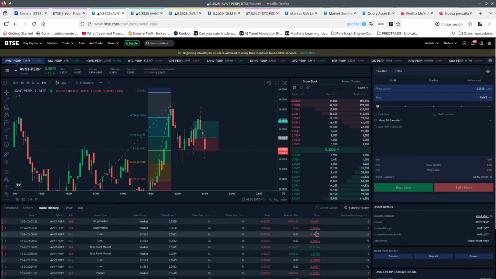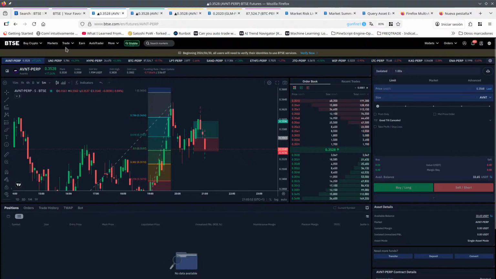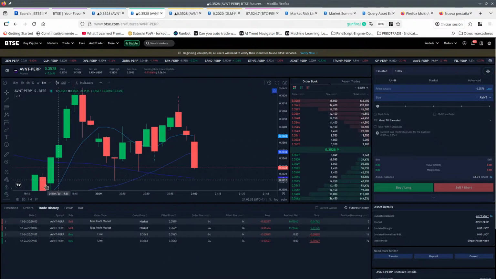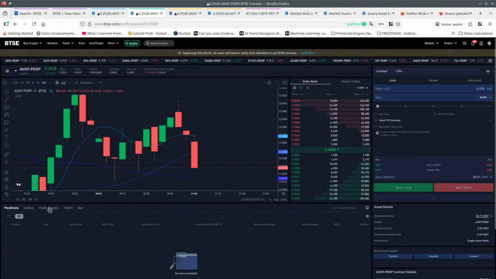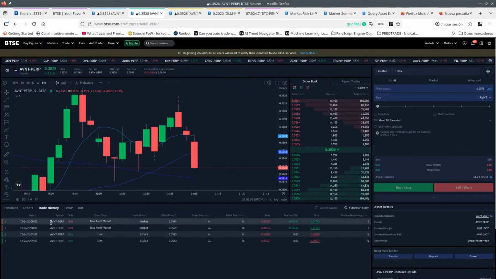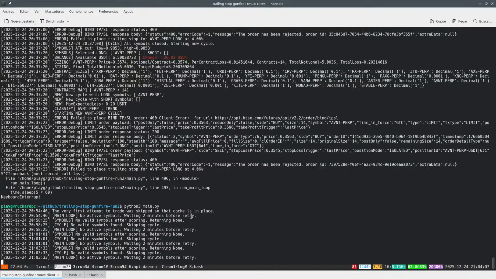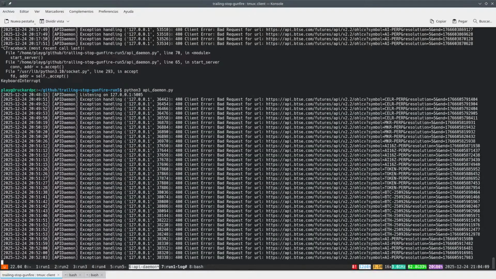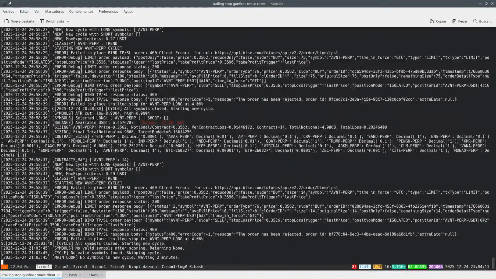Yeah, I don't think we have won anything with this, and I guess that here we have the same problem, isn't it? We had another one in here, or maybe not here apparently. Whatever the reason is, in run 2 it hasn't found anything to trade.